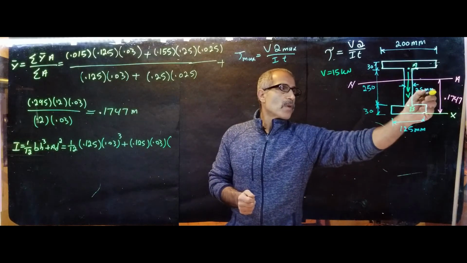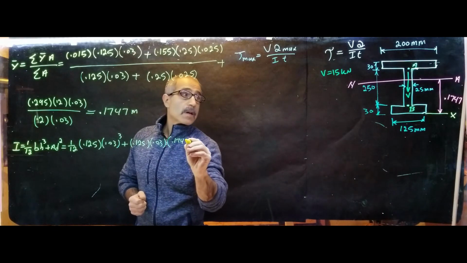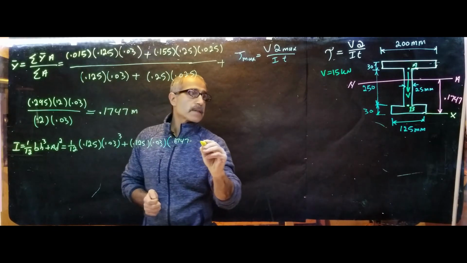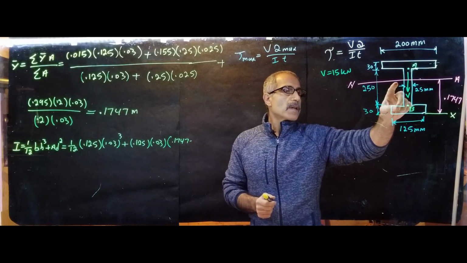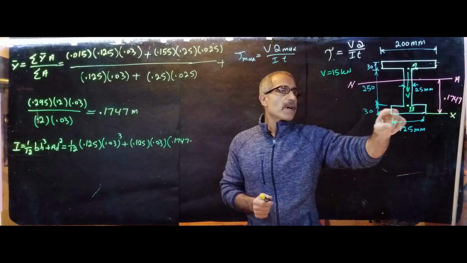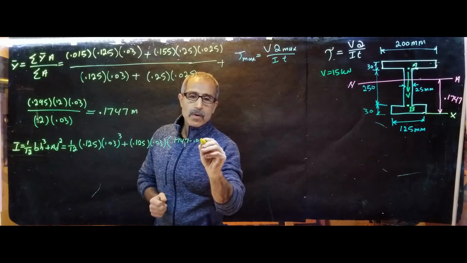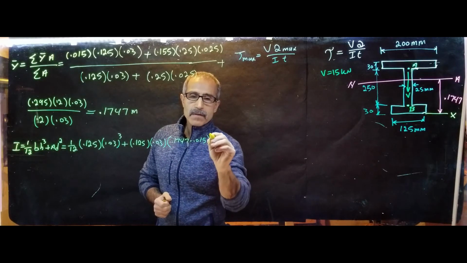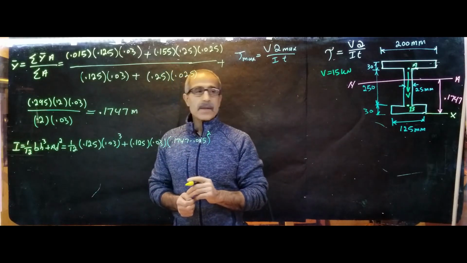So it'll be 0.1747 minus, okay, so I'm going from here to here, 0.015, right? 0.015 squared. And that's shape 1.